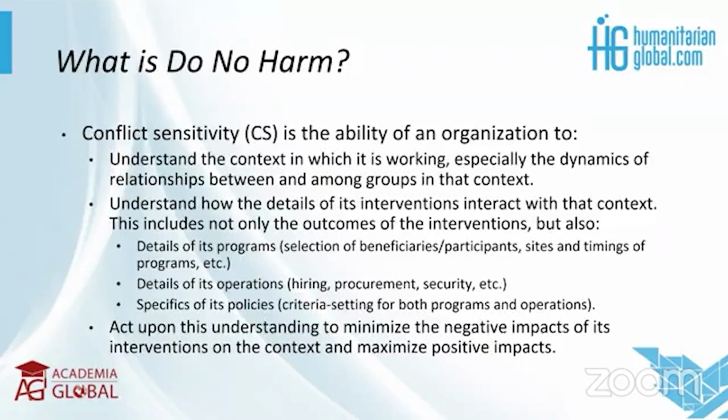So this includes not only the outcomes of the interventions, but the details: how you select participants, where you hold your meetings, when you have your meetings. Because you might say, we will be having our trainings every Friday, then you forget you come from a community where for you Friday is a working day, but in this particular context, Friday is actually a weekend, you see.